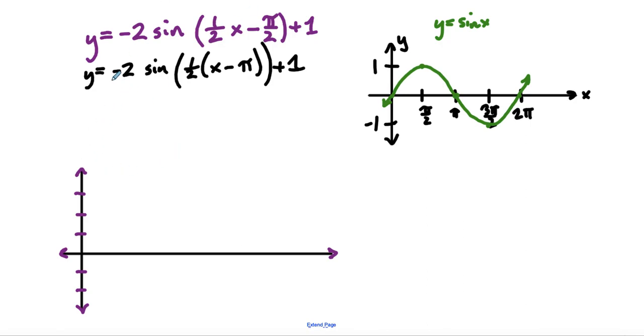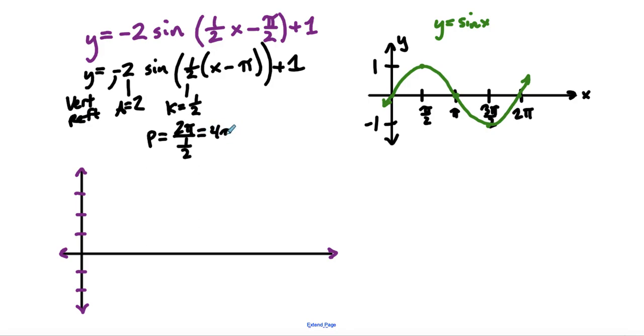All right, so now let's look at all the things happening here. We got a lot. We got a vertical reflection. We have an amplitude of 2. We have a frequency of 1/2, which is actually going to make the period of the function 2 pi over 1/2, which is really 4 pi.